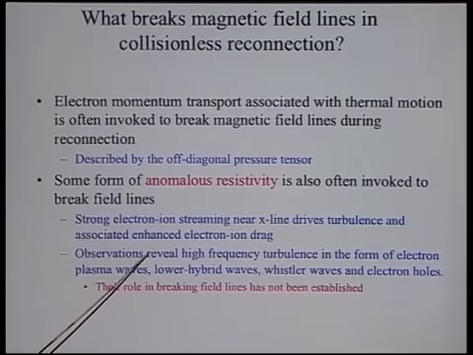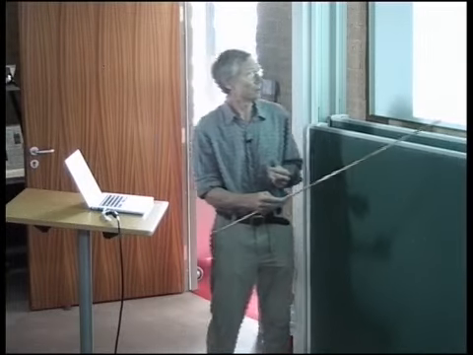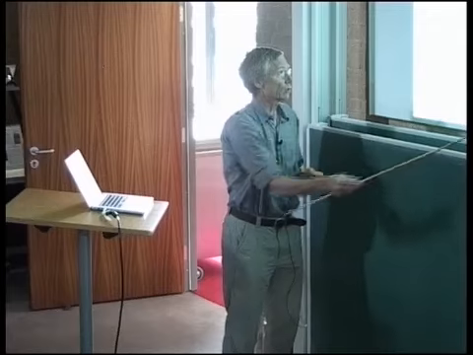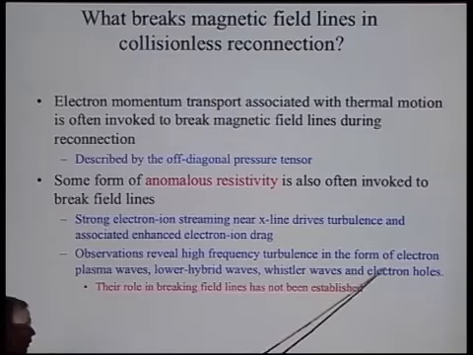It's certainly true that if you compare the observations with the simulations, the observations are a heck of a lot noisier than what we see in the two-dimensional simulations especially. And there's a lot of turbulence: electron plasma waves, lower hybrid waves, whistler waves, electron holes.